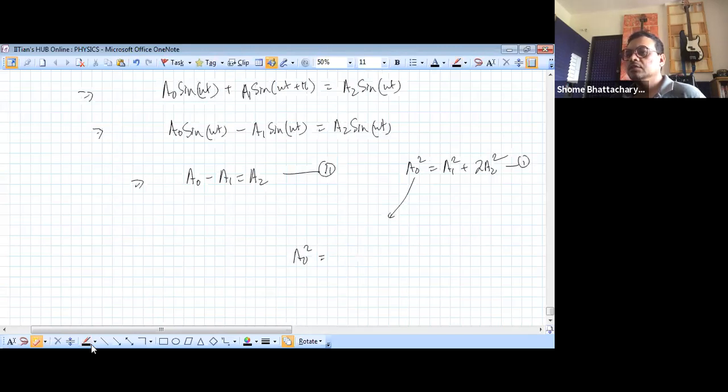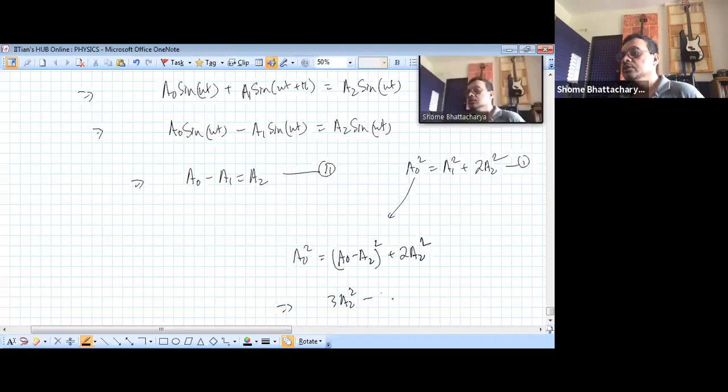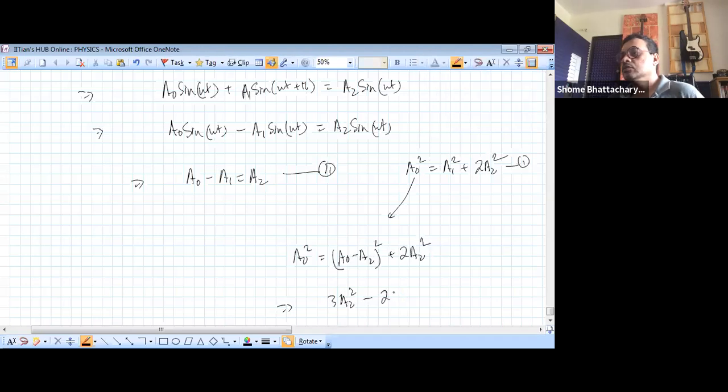It's easier that way. So E1 will be substituted as E0 minus E2. It's a very simple equation actually. So plus 2E2 square. So we get that 3E2 square minus 2E0E2 will become 0.